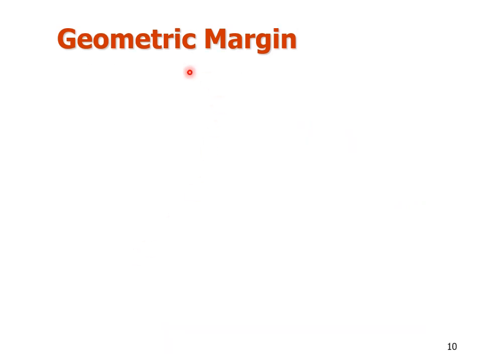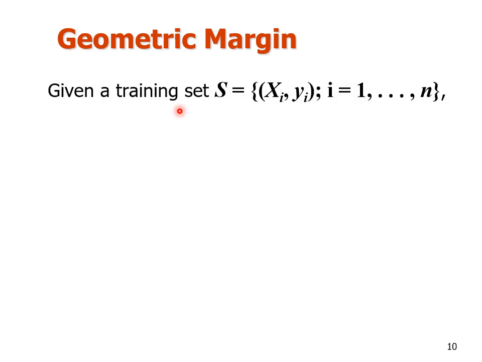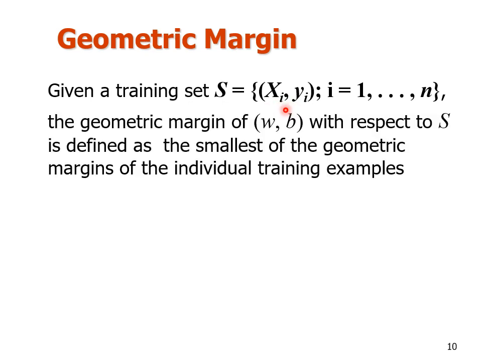So we computed the geometric margin for a single data point. In fact, our training data set contains n number of data points. So let us assume that we are having a training data set S that includes n number of data points such as (xi, yi). Then the geometric margin of W, B with respect to this training set S is defined as the smallest of the geometric margins of the individual training examples.